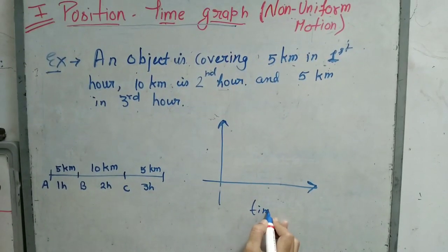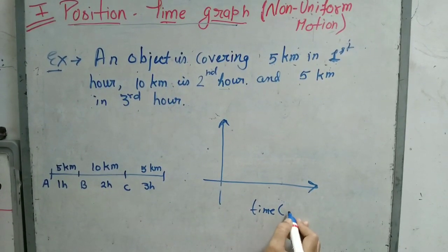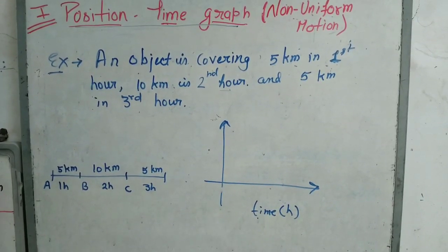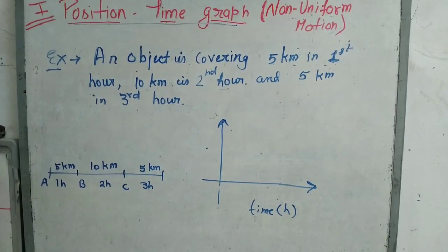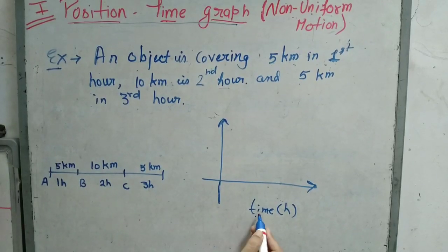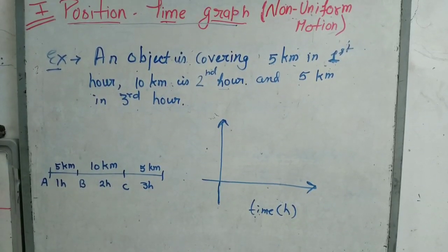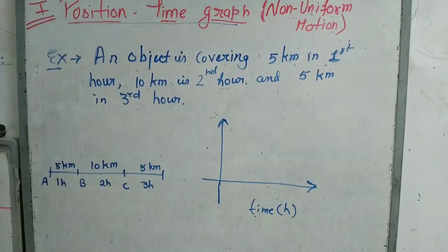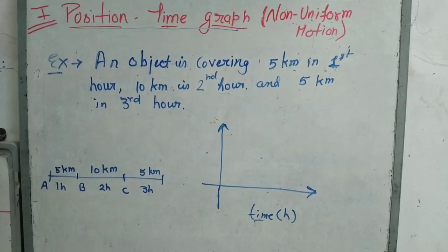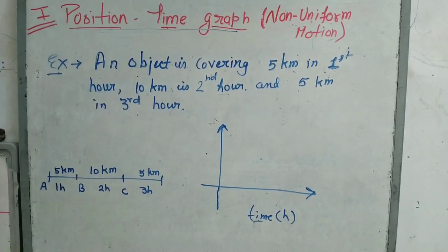Again we have placed the time axis on the horizontal. Why? Because we always keep the time axis on a horizontal line. There is a logic over there. Can you say time is dependent on position or velocity or acceleration? No, time cannot be dependent, but position varies with time, and velocity varies with time.